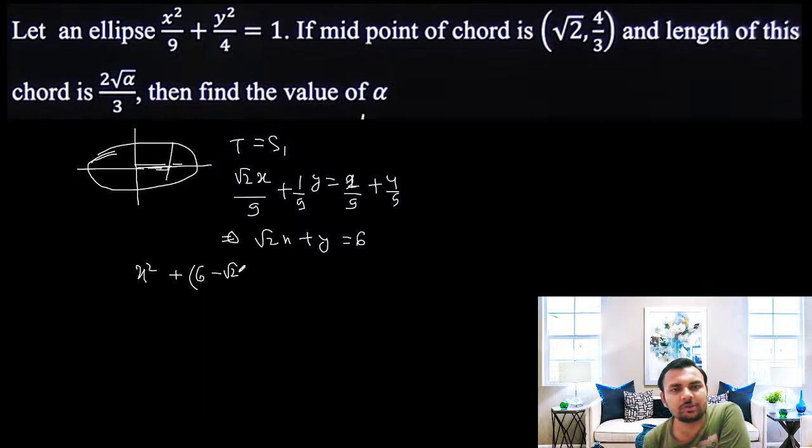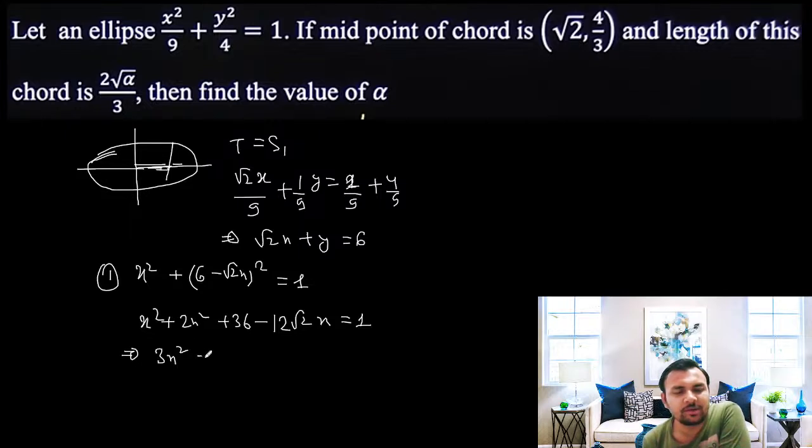6 minus root 2x whole square equal to 1. So it is x square plus 2x square plus 36 minus 12 root 2x equal to 1. This is 3x square minus 12 root 2x plus 35 equal to 0. Okay, so what will happen if this is x1, this is x2?